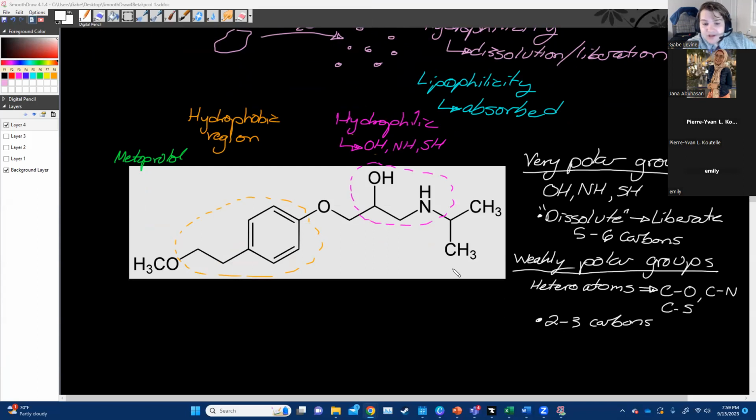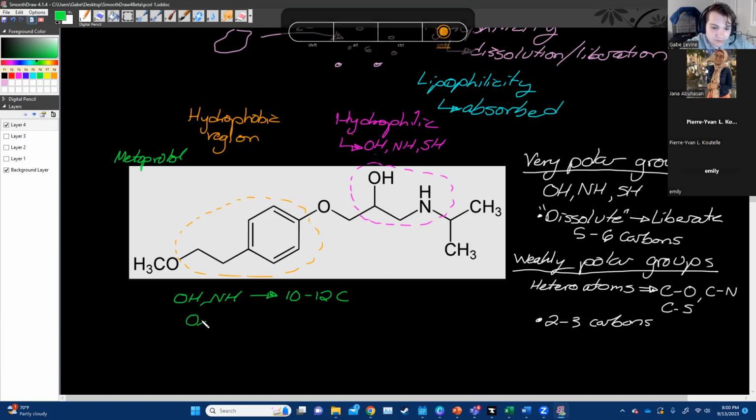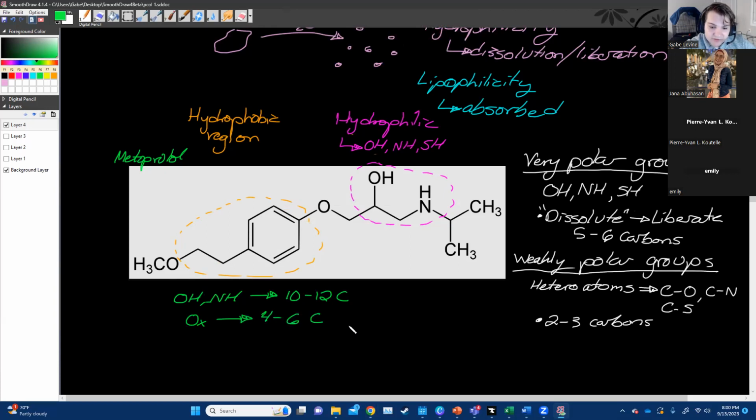So for example, in metoprolol, we have an OH and an NH, which is good for dissolving 10 to 12 carbons. And then, not counting the oxygen and the nitrogen that we've already talked about, we have another oxygen and a second oxygen, which would be 4 to 6 carbons each.